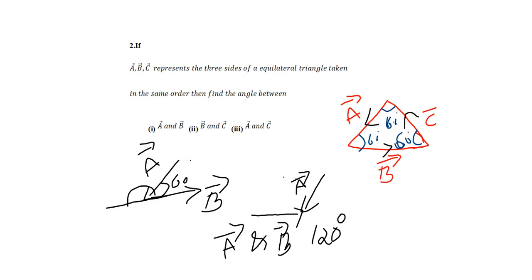So like this, A bar, B bar, C bar, they are in this order. So now find out the angle between B bar and C bar.